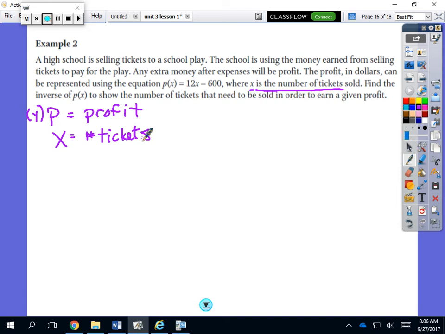Okay, so if x is the number of tickets and y is the profit, I write y equals 12x minus 600, and I switch the x and y and solve for y.